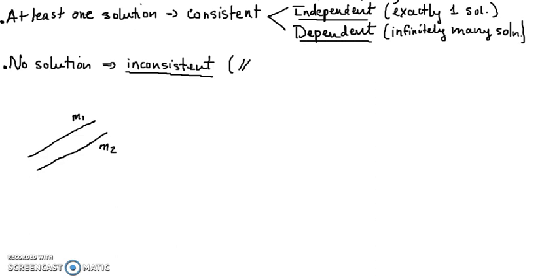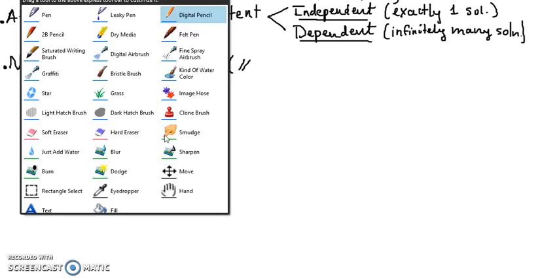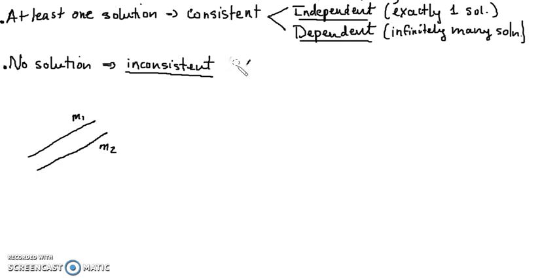To make it less confusing, let us label this as L1 and this is L2. So inconsistent means L1 is parallel to L2.